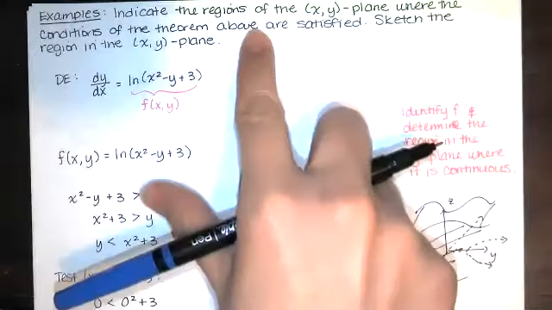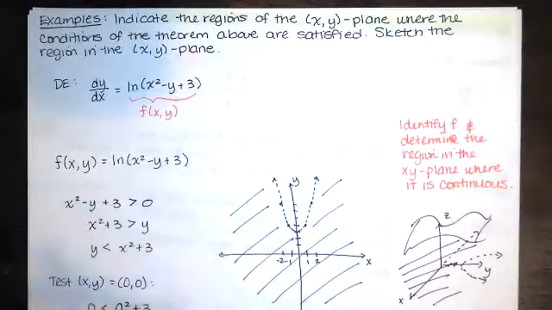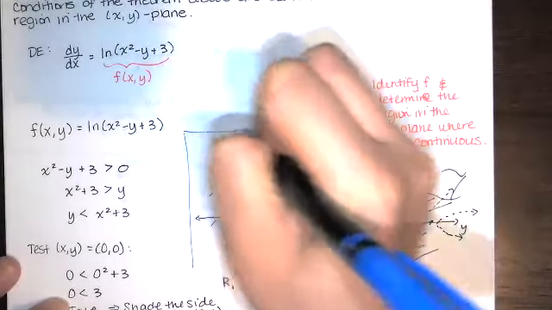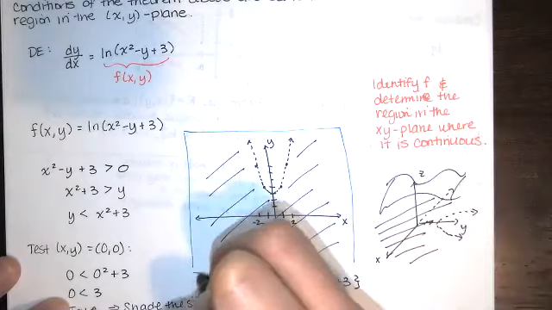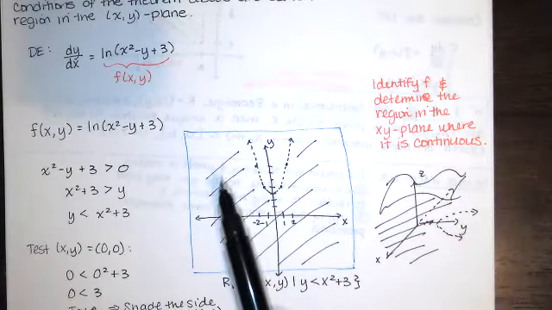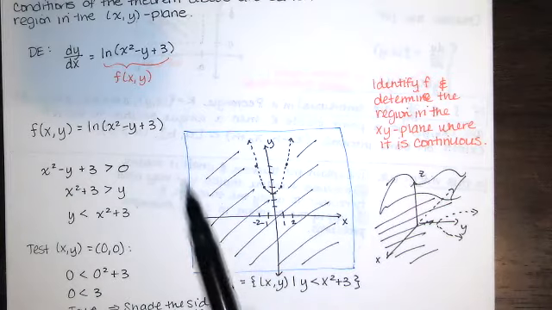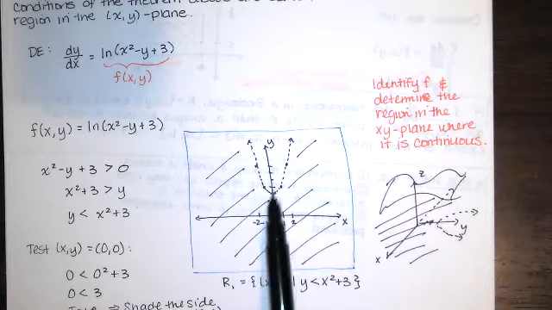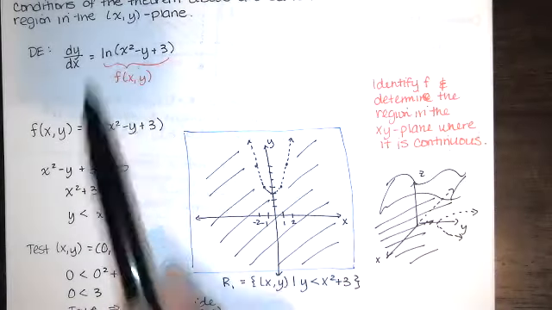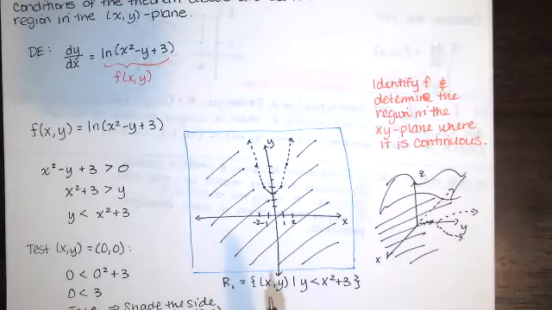It says indicate the regions of the xy plane where the conditions of the theorem are satisfied, and then sketch the region. So this would be our final answer. And again, what that means is if x naught y naught is any point down here, we're guaranteed a unique solution. If x naught y naught is on the boundary, well, actually we're going to have a problem because the derivative wouldn't be well defined there.